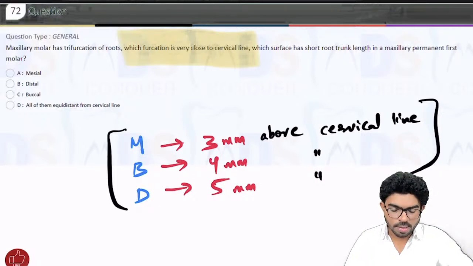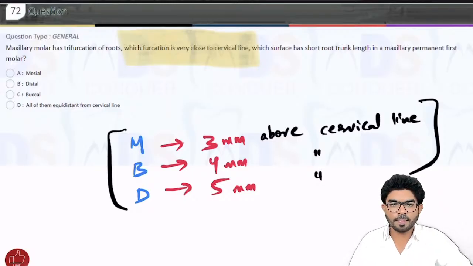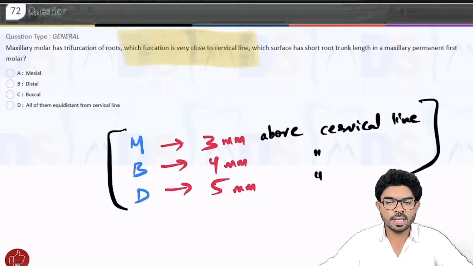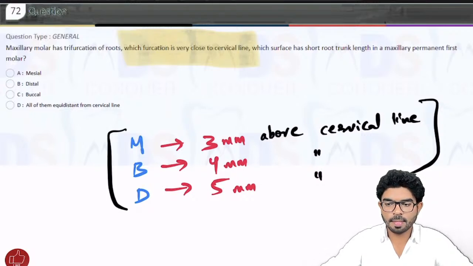If you check the furcations, on the mesial side the furcation is 3 millimeters above the cervical line. On the buccal side, it is 4 millimeters above the cervical line.